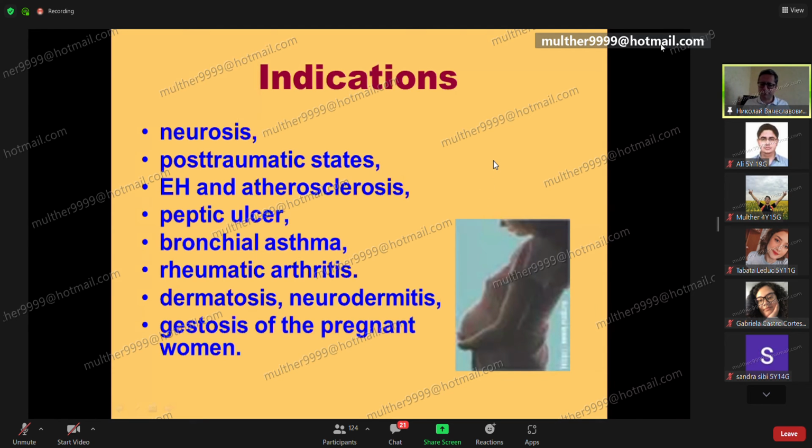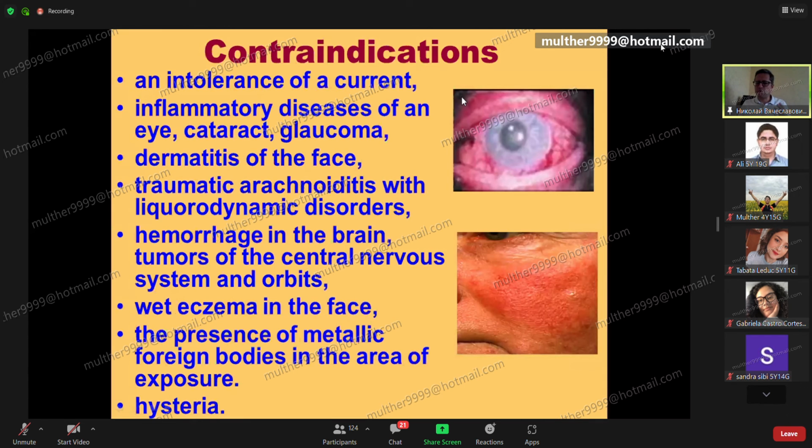As for contraindications, which we should estimate before prescription of this procedure, there is intolerance of any electric current, and inflammatory diseases, as you can see, the syndrome of so-called red eye, inflammatory disease of the eye, conjunctivitis, keratitis, cataract, trophic disorders, and glaucoma.